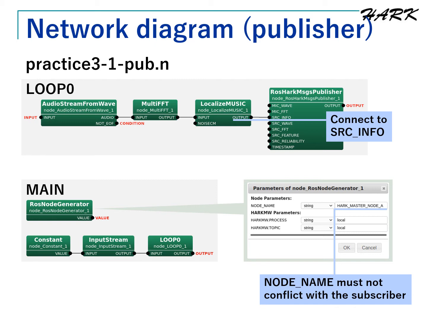On the MAIN subnet, place a node called ROS node generator. This node allows the network to act as a ROS node. ROS node generator gives the name of the node. Please be careful not to conflict the name with other nodes.